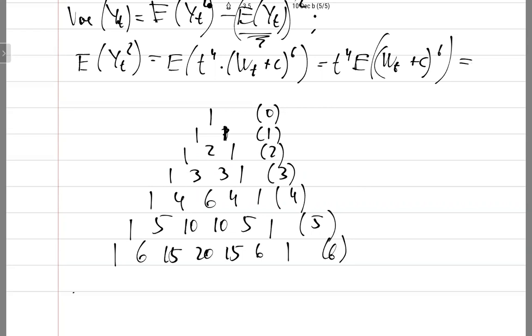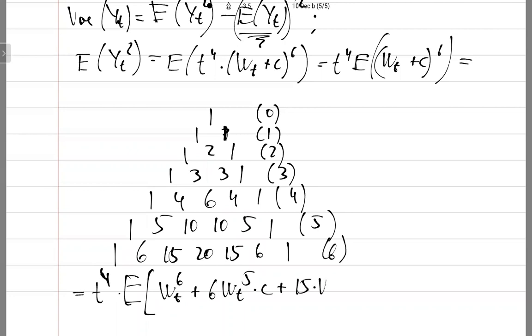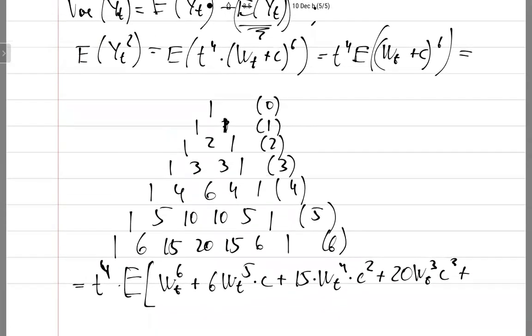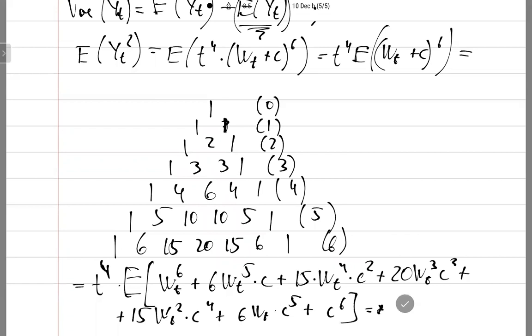So it will be t to the power 4 expected value of W_t to the power 6 plus 6 W_t to the power 5 times c plus 15 W_t to the power 4 c squared plus 20 W_t cubed c cubed plus 15 W_t squared times c to the power 4 plus 6 W_t times c to the power 5, and plus c to the power 6.